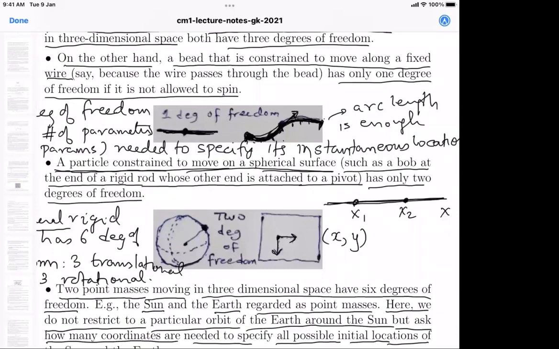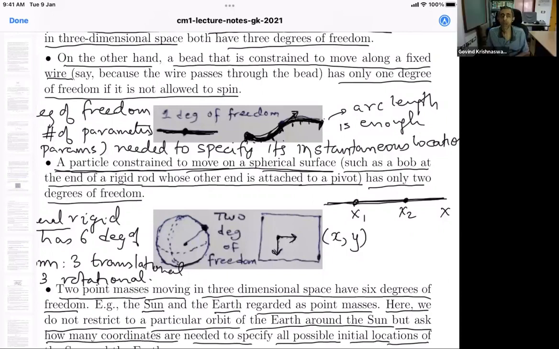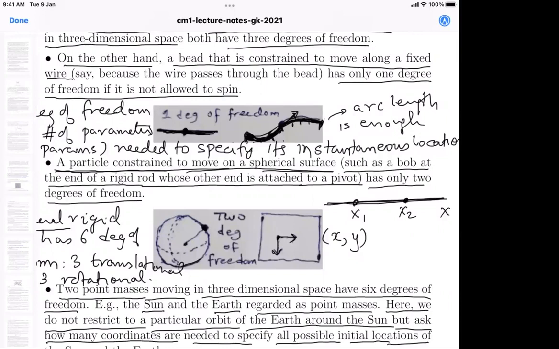No, sir. In the sun and earth example, you pointed out that 2 point masses moving in 3-dimensional space have 6 degrees of freedom. So suppose in a particular case, they are moving in a straight line in the 3D space. And if we take the reference point on that particular line on which they are moving, then we will have 3 degrees of freedom for choosing the reference point and 2 degrees of freedom for specifying the location on that straight line.